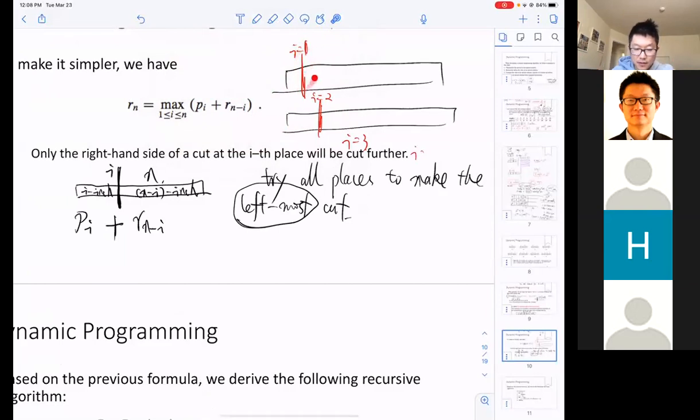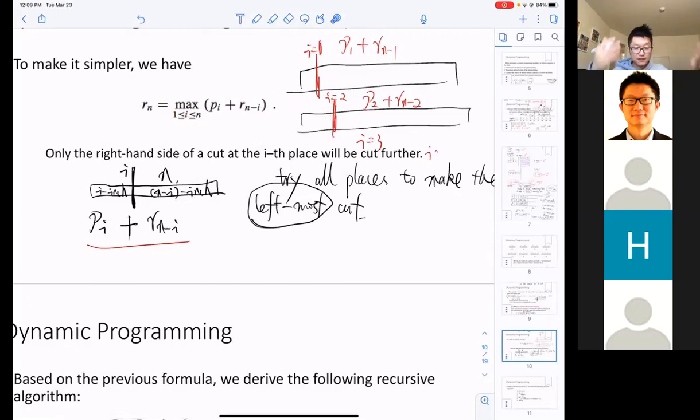For this one, the revenue that you can make is P1 plus R(n-1), correct? Yeah. Okay. For this one, what you can make is P2 plus R(n-2), etc. It will try all these possible places and take the place that gives you the highest total revenue.